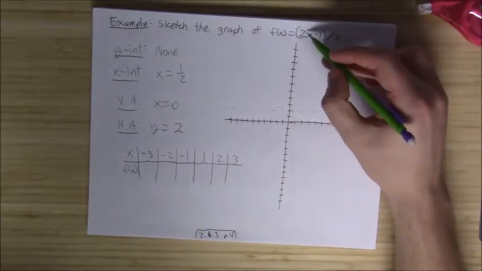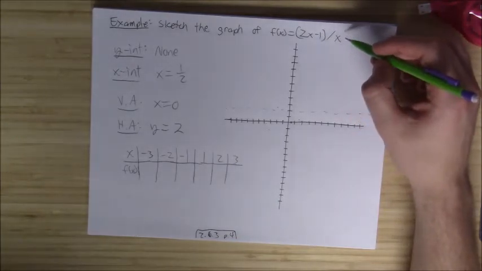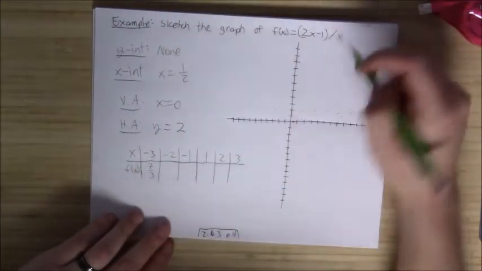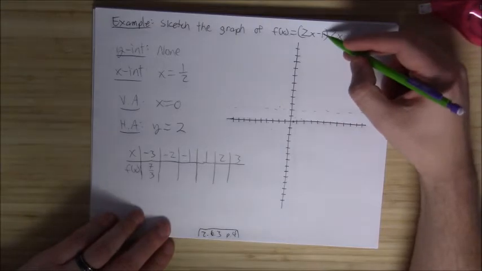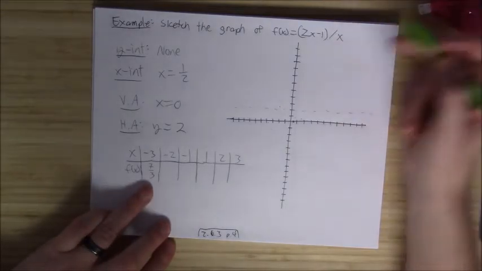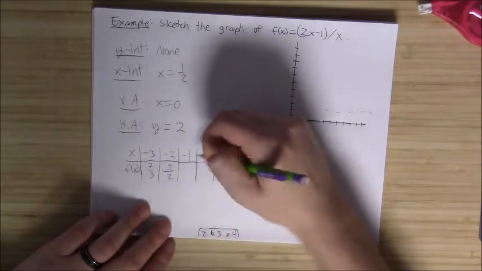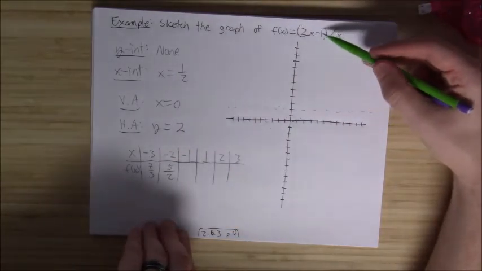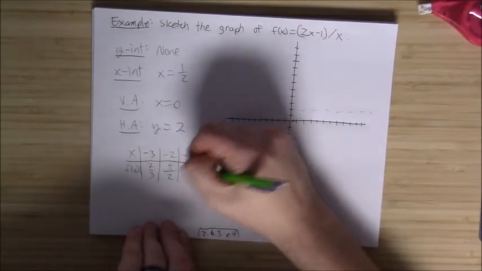Plugging -3 in, we have -6 minus 1 is -7 over -3, so 7/3. Plugging -2 in, we have -4 minus 1 is -5 over -2, so positive 5 halves. Plugging -1 in, we get 2 times -1 is -2, minus 1 is -3, over -1, so positive 3.